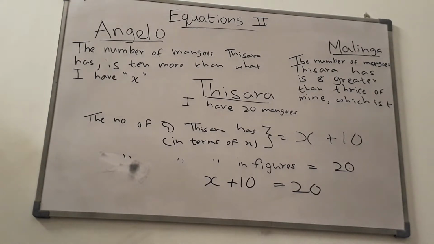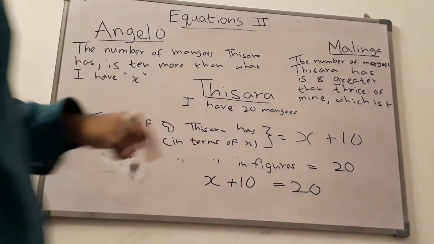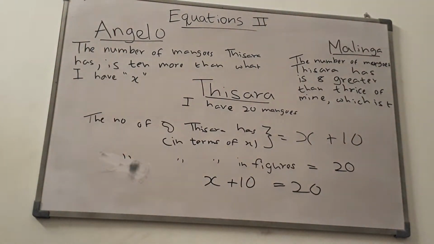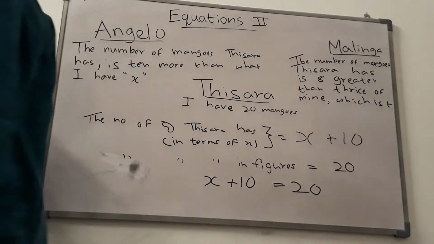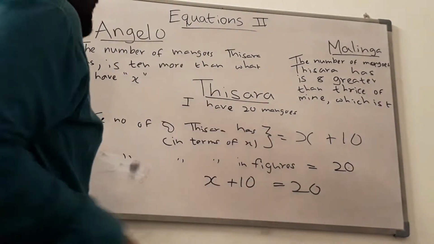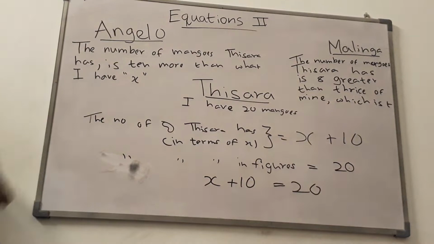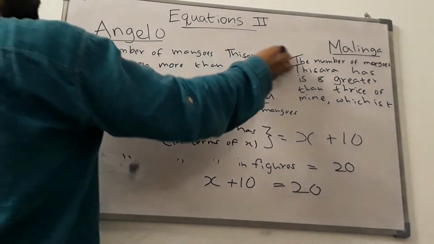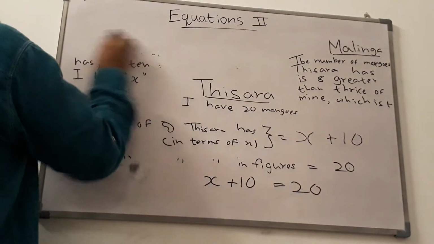Now the next thing we have to do is find X, that means the number of mangoes Angelo has. To do that we have to solve this equation. I am going to do it here after erasing the statements.